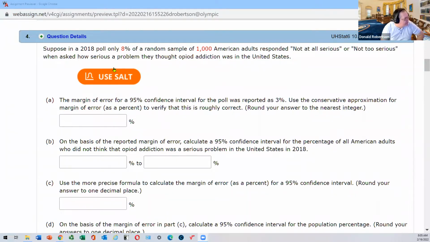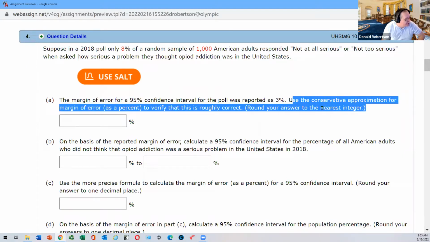So from this information here, we're going to be using the SALT button, and let's see where we do it. The first question is, the margin of error for a 95% confidence interval for this poll was reported as 3%. Okay, we'll find out how close that is in a minute.